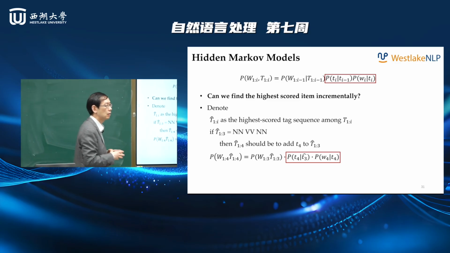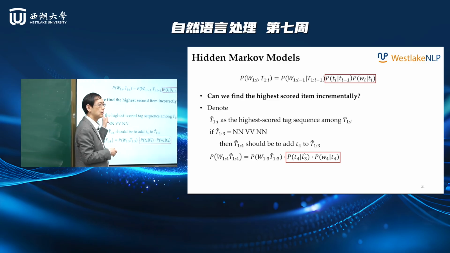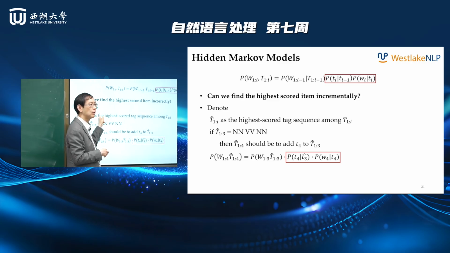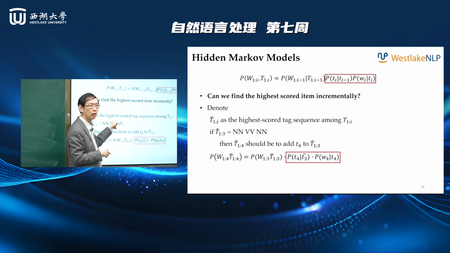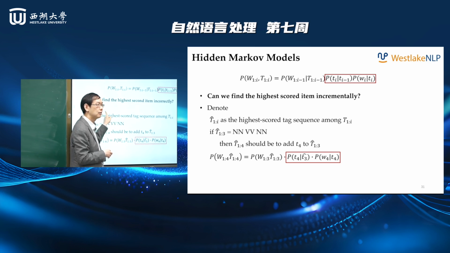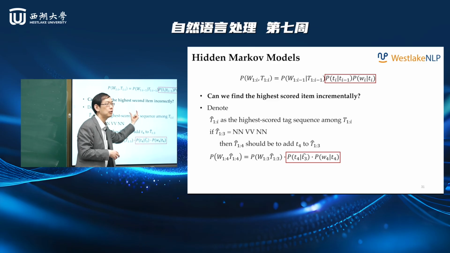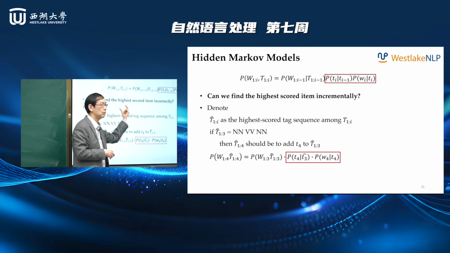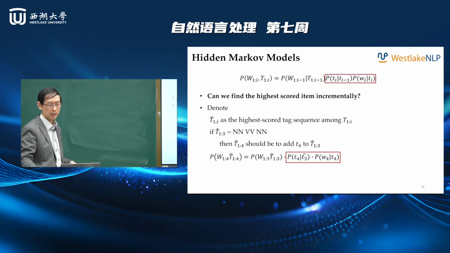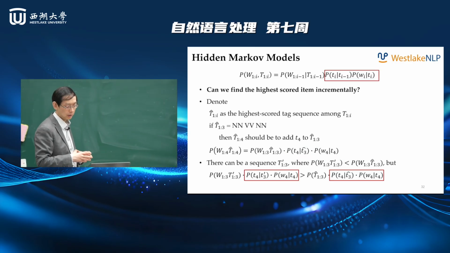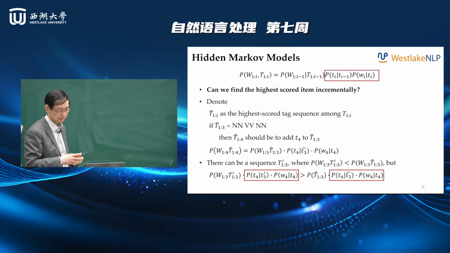So which means we don't just store t hat 1 to i minus 1 anymore. We store t hat 1 to i minus 1 with all possible t i minus 1. If we can enumerate, okay? We cannot make sure which one leads to the best sequence here. Why don't we just store every one of them, okay? So I change the notation.